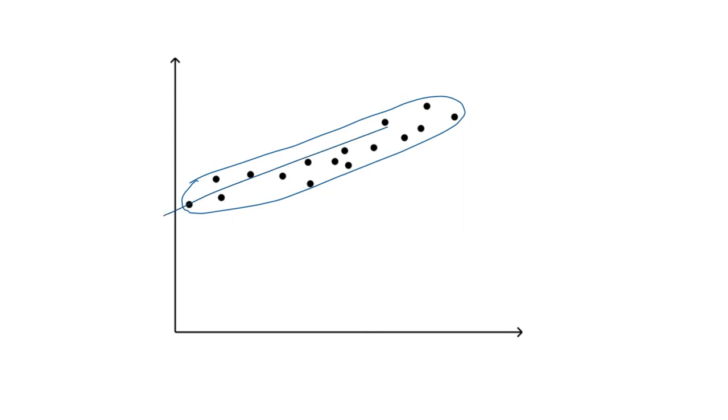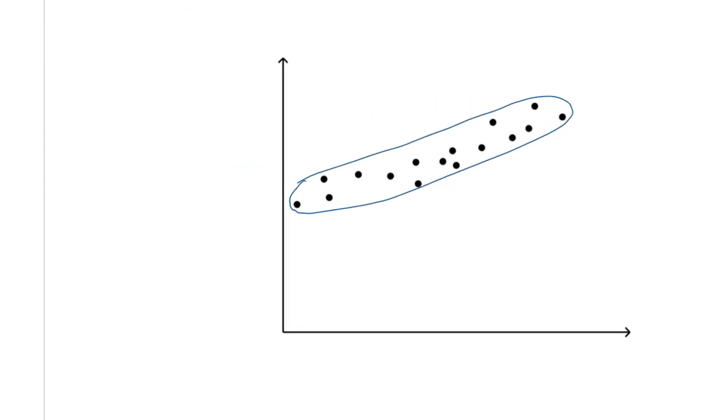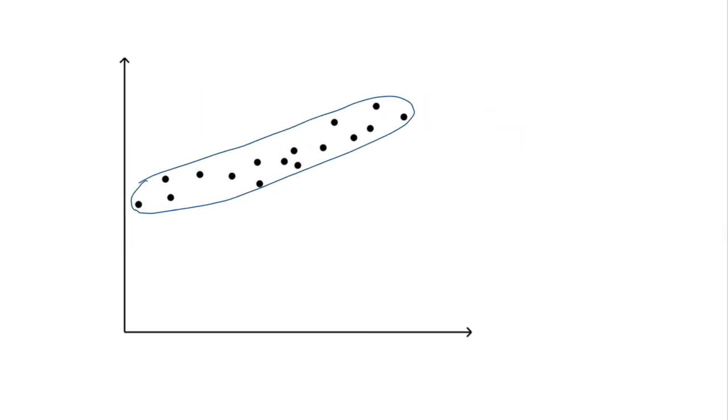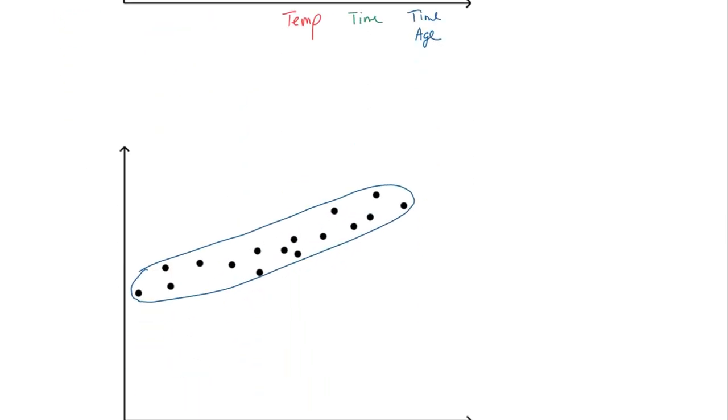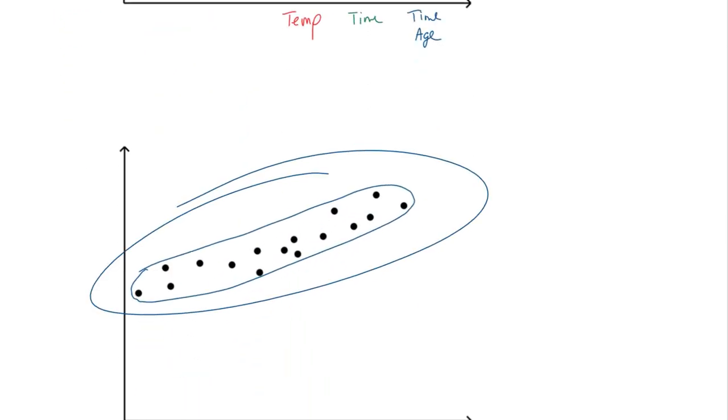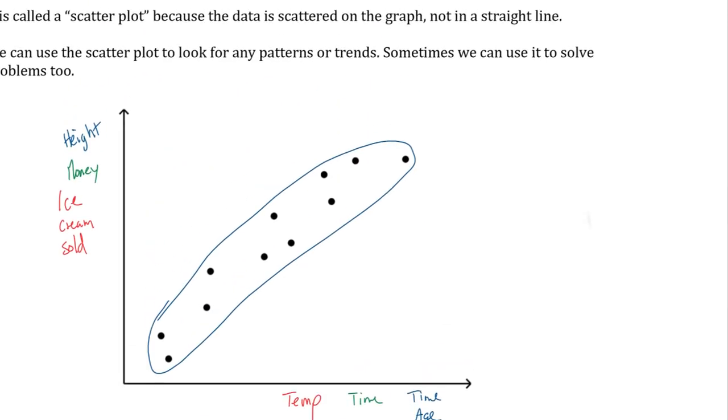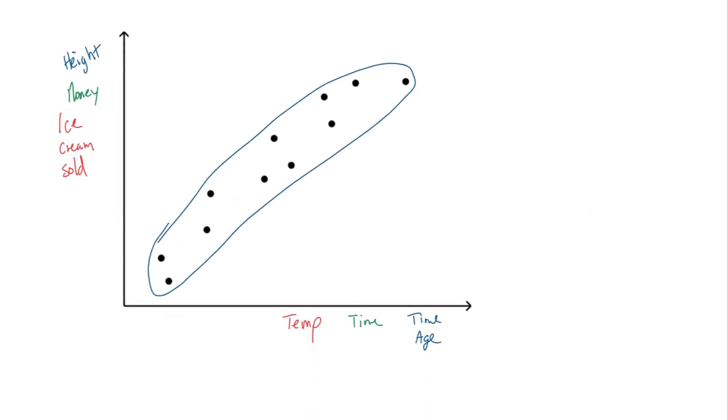This is still going up to the right, but these dots are even closer. They are more compacted, all bundled closer together, whereas with these ones there's more space between them. They're spread out a bit more. So this is a stronger relationship, whatever is causing it. This one is a bit of a weaker relationship, but still a pretty good relationship.